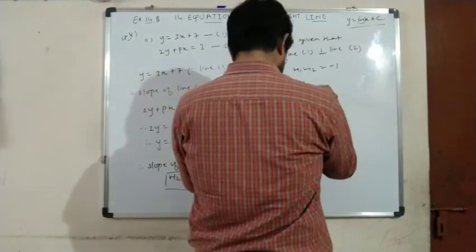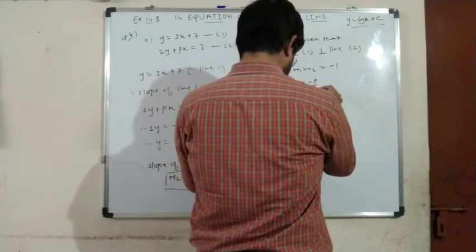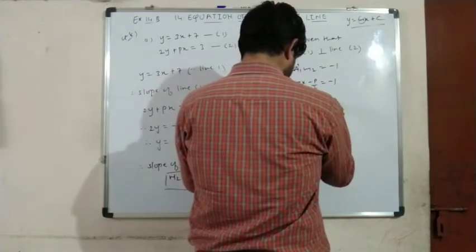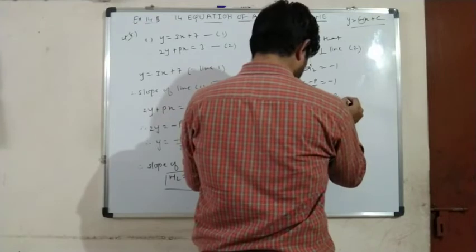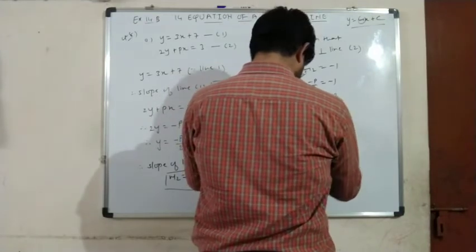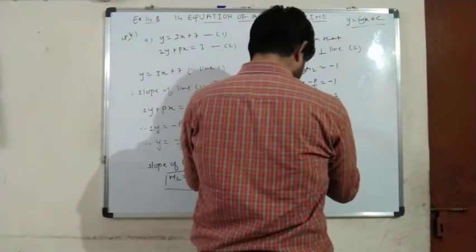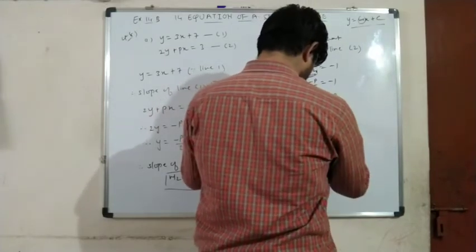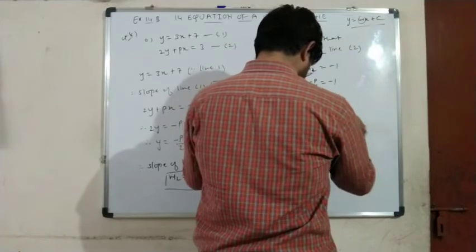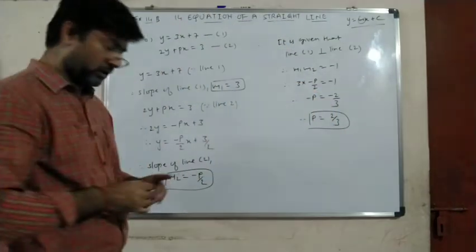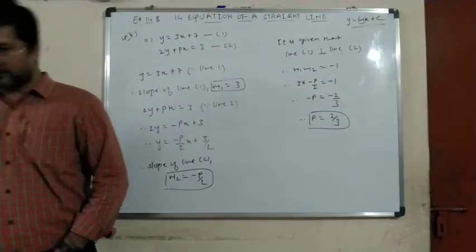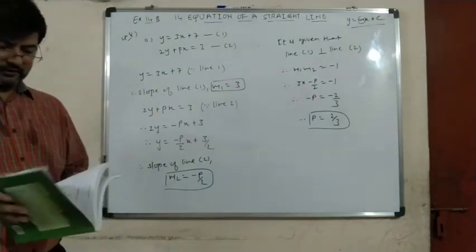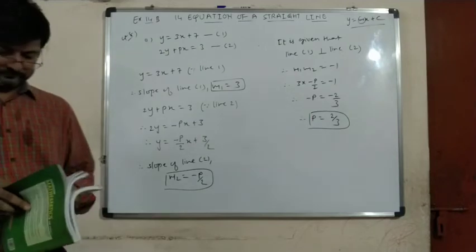Therefore 3 into minus p upon 2 is equal to minus 1. Therefore minus p is equal to minus 2 upon 3, and therefore p is equal to 2 upon 3. So this is the required value of p. This is the first part of question number 8. Now we will solve the second part of question number 8.